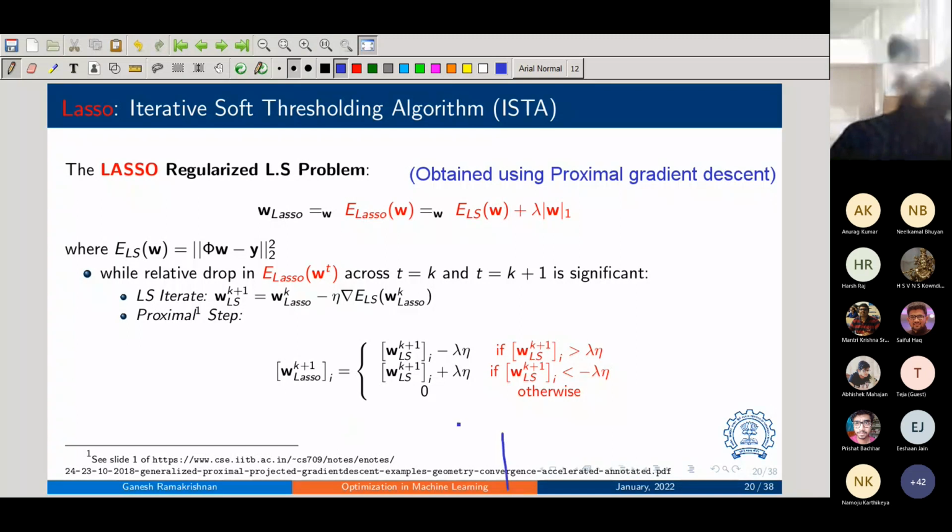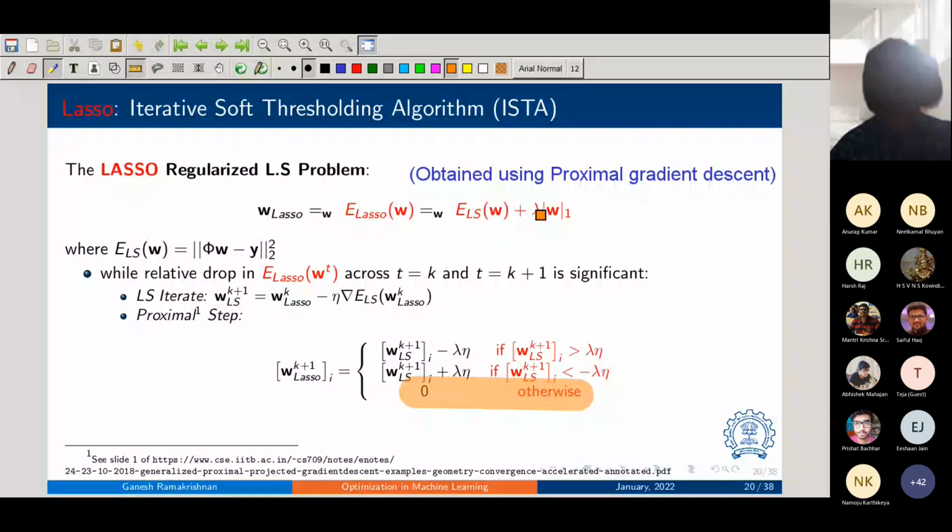It says that if my W estimate for any ith coordinate is between minus lambda and plus lambda, then push it to 0. This is the key. Eta is a step size used in descent algorithms, and lambda is the weightage given to the one norm.